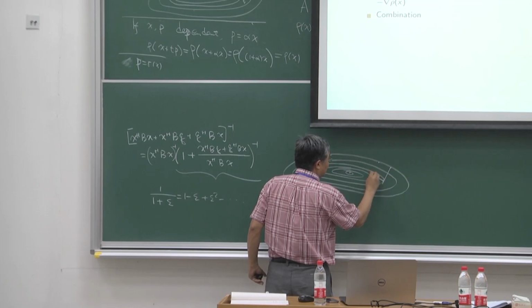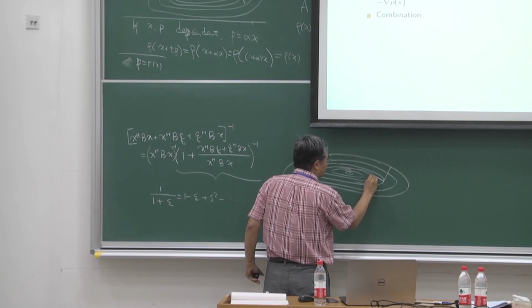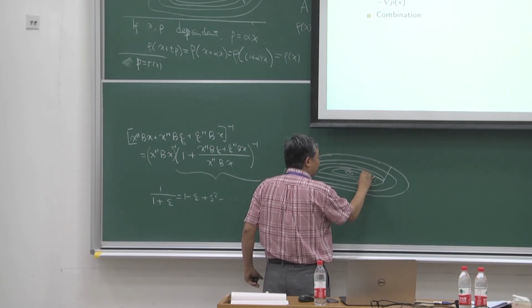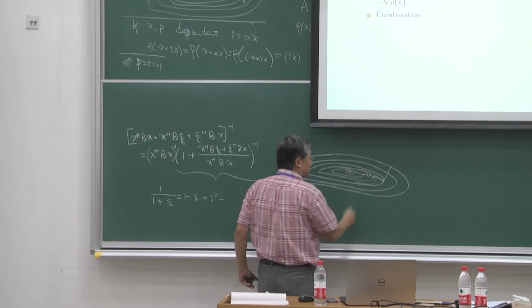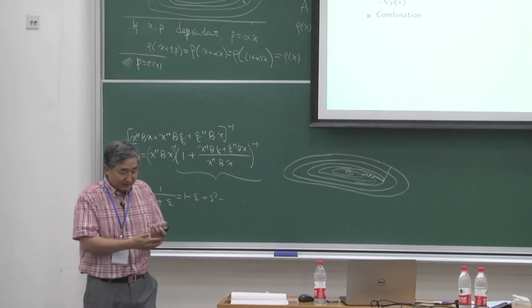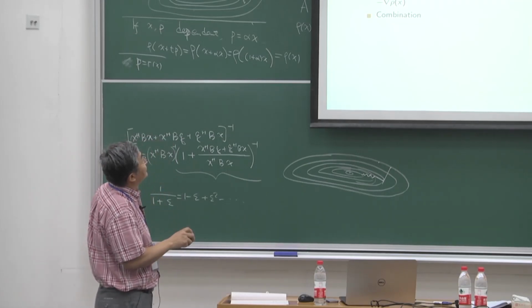And you go, and every step you don't go very far towards the center. So in a zigzag, every step you take a lot of steps to reach the solution.